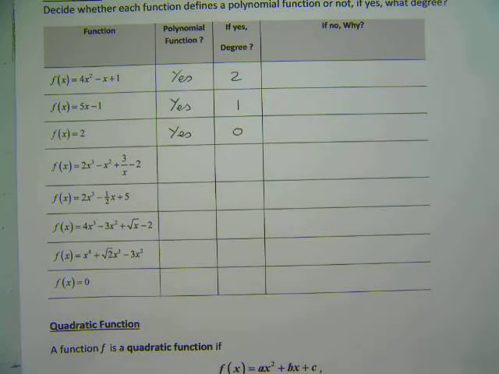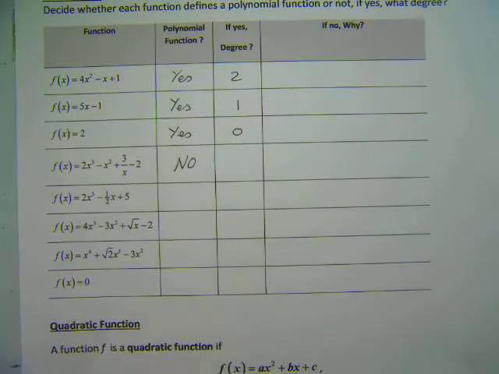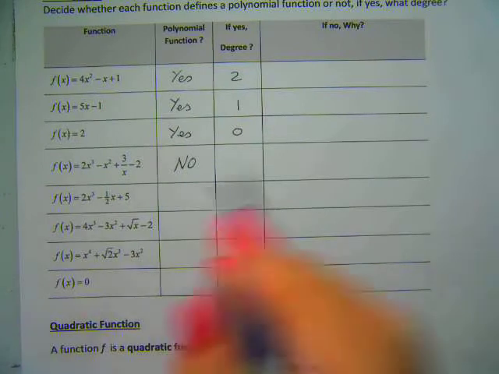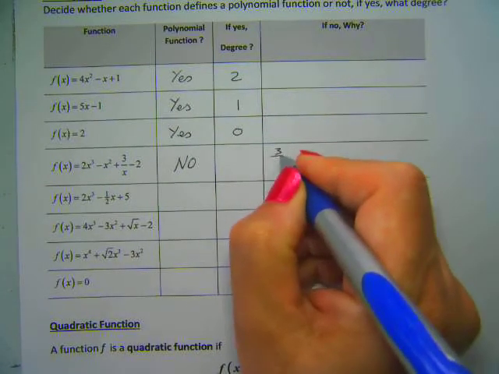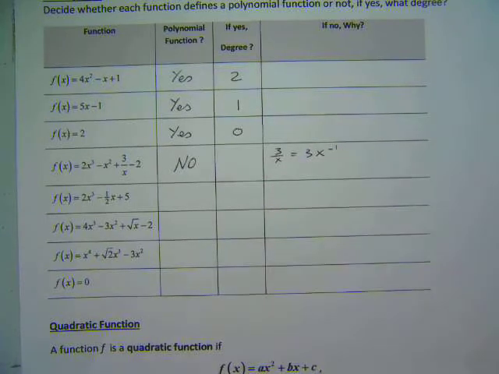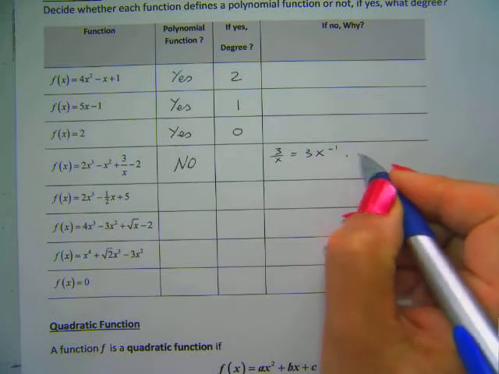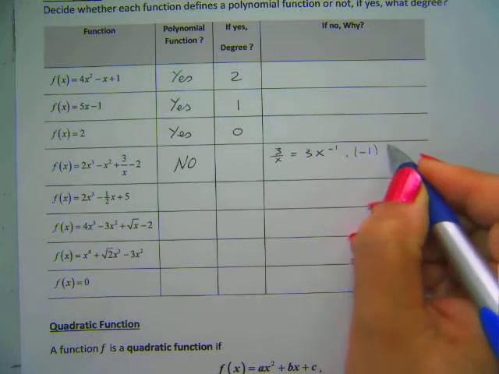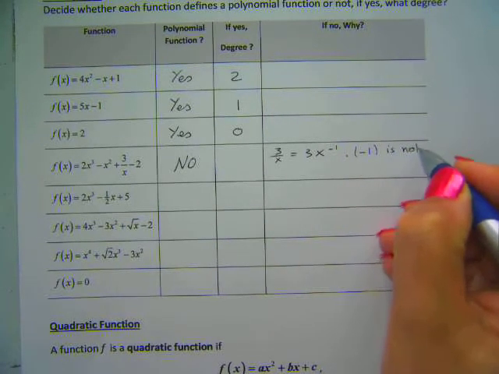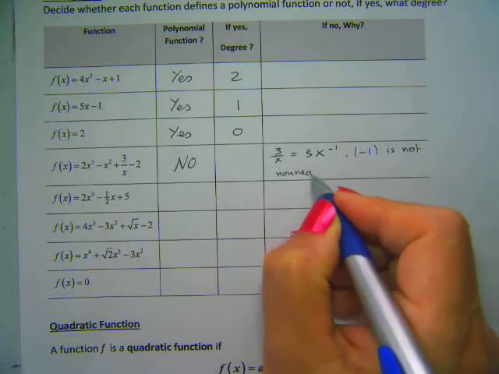Do you think this is a polynomial function? No. How come? Remember, 3 over x is the same as 3 times x to the negative 1. The denominator is a power of negative 1, and negative 1 is not non-negative. So that's the reason.